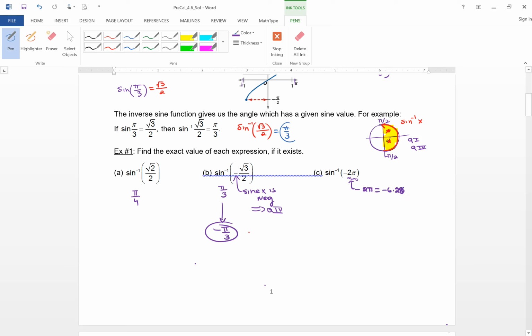The domain of inverse sine is negative 1 to 1, so this is out of domain. So it doesn't work.